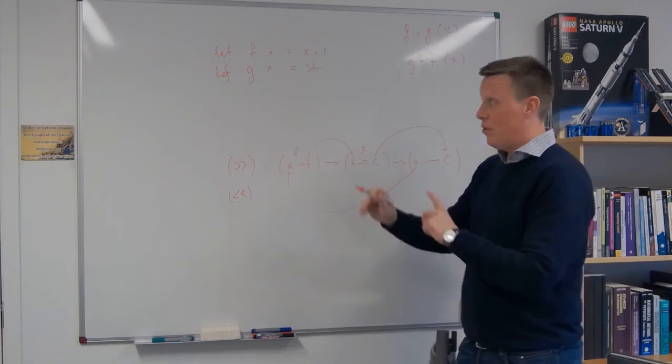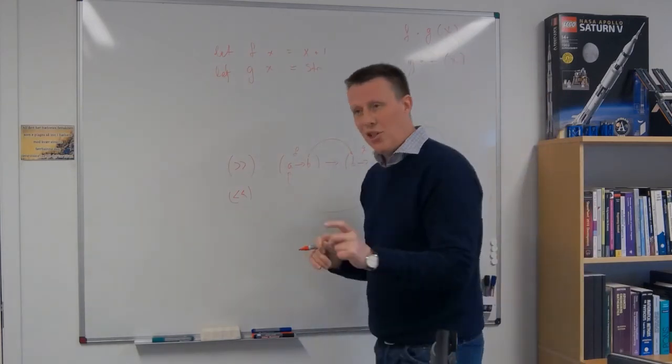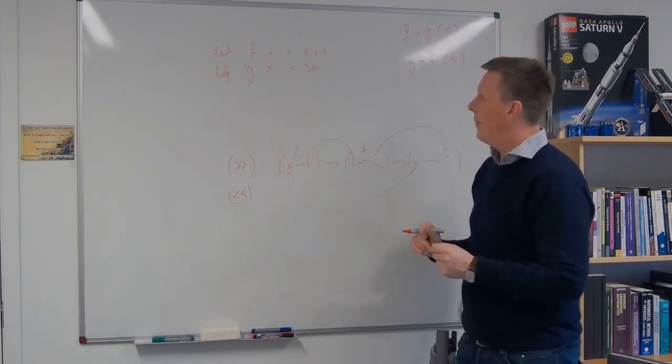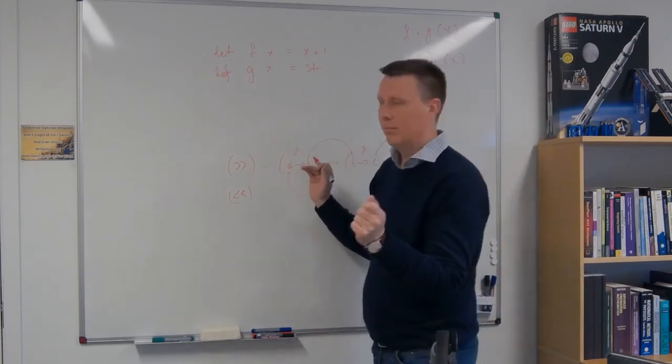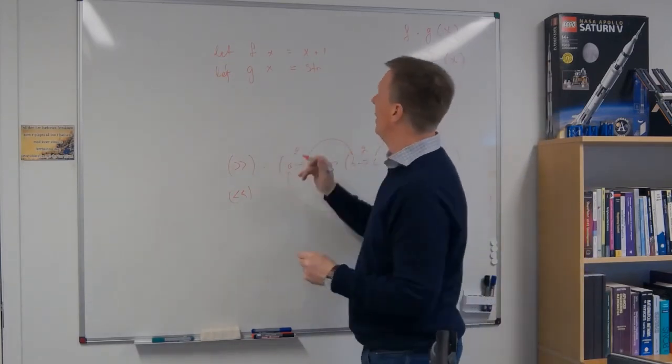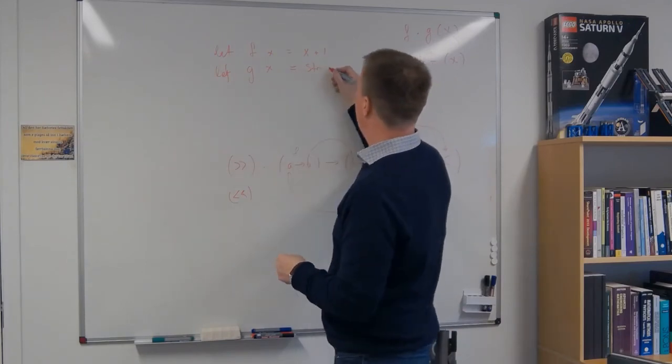So f will now add 1, and g will turn it into a string. So now we have different types here, so I can't feed the x into the string x, of course.